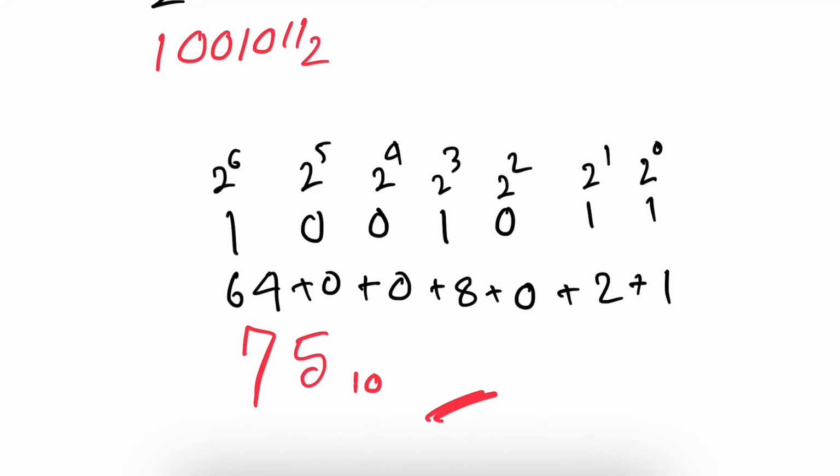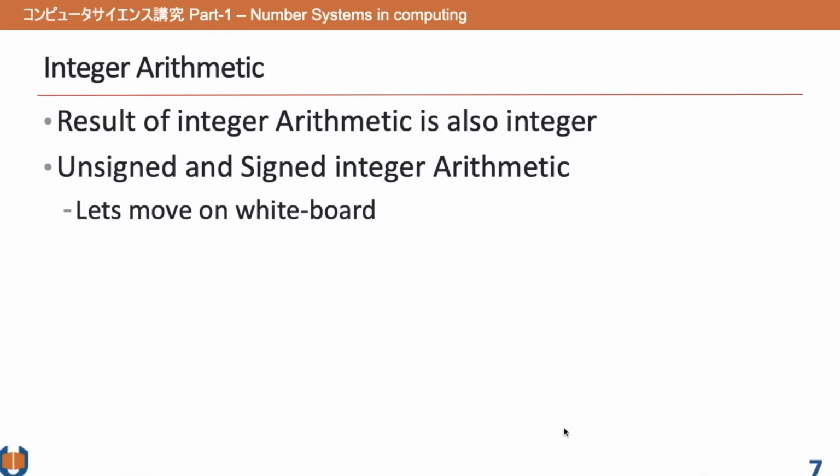So these are not very complicated things, and this is very important in computer science, because the computer basically converts all the numbers into binary numbers, and within various aspects inside the computer we need this type of conversion. Here is the integer arithmetic.